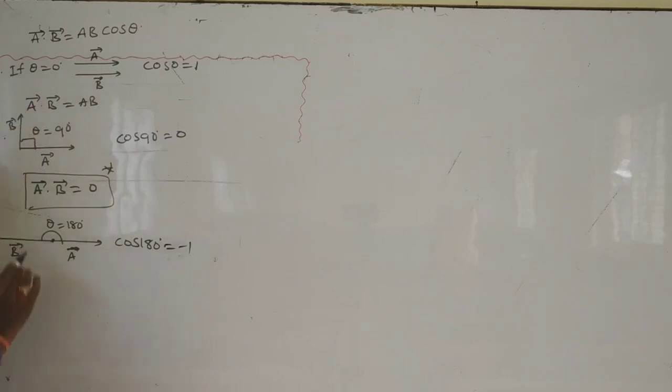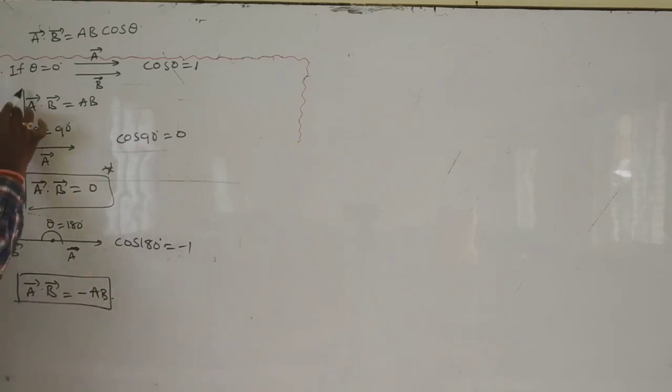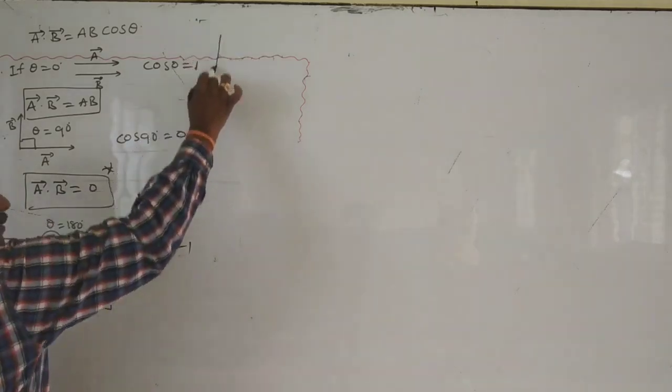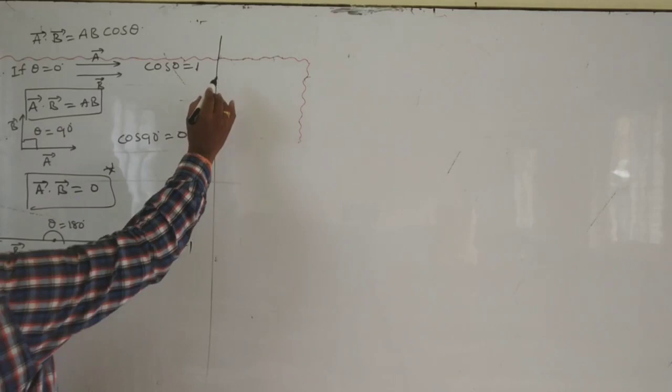And then what happened? a bar dot b bar is equal to minus ab.